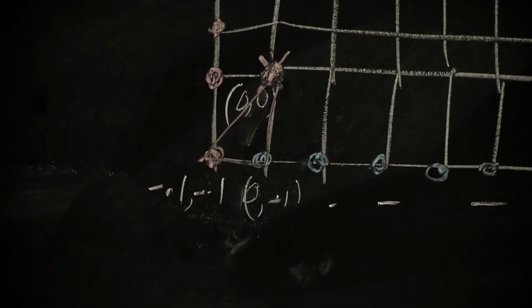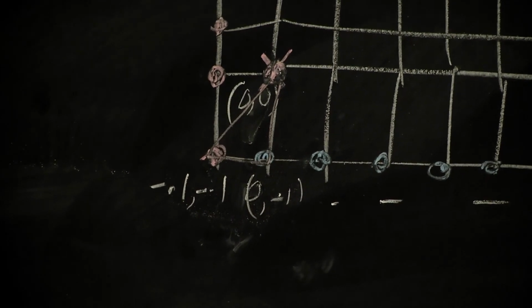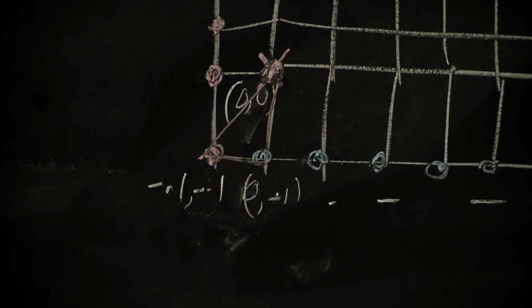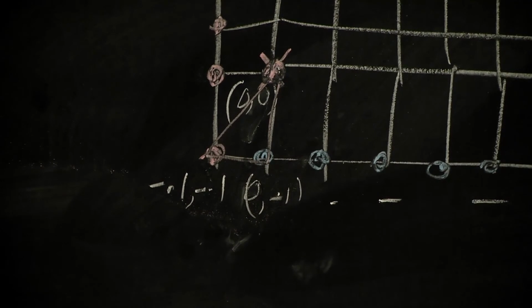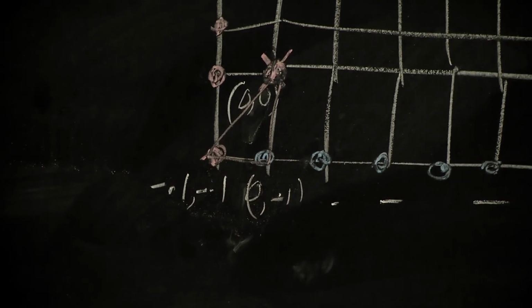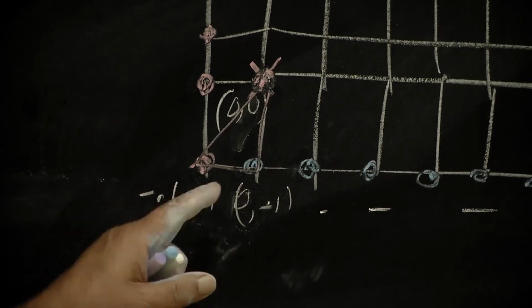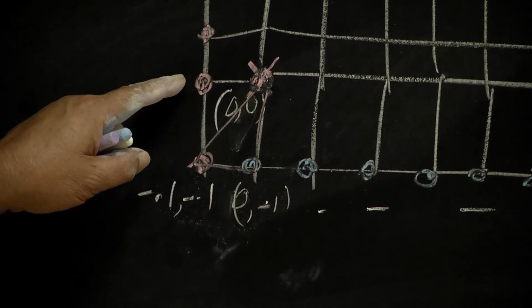When I say adjacent, you remember, two vertices are adjacent if one of them has both coordinates less than or equal to the other coordinates, and the difference is at most 1. So which will be the next point? Is this an adjacent vertex?